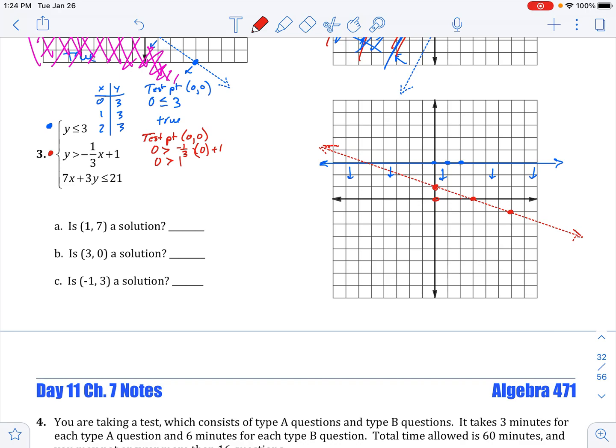Well, that's false, so we know that we need to be shading up from here. Again, we know that it is up because we're talking about this point that we tested here as being false below, so the solutions need to be above. I'm going to erase the word false as not to clutter my graph.